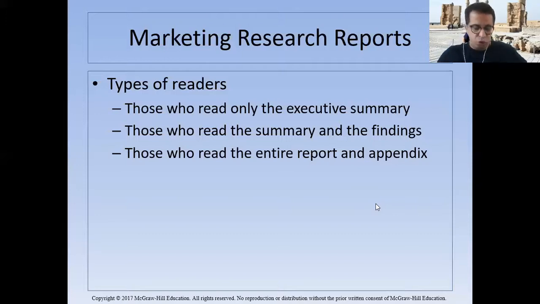When you're writing the executive summary, make sure you write it at the end of your report, not at the beginning, because it's something somebody wants to read in less than 15 minutes. He wants to read two pages on your findings. He doesn't have time to read everything. But there are people who will read the summary and then the scientific findings, and those who read the entire report. So you have three types of readers.